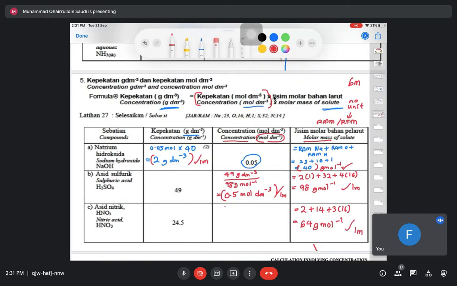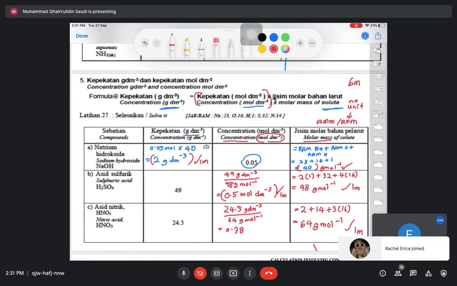Next one, 24.5 gram per dm cube divided by 64 gram per mole, and you will get 0.38. Okay, let's say you have more than 2 decimal places answer.